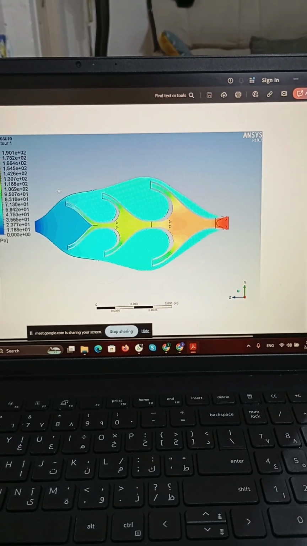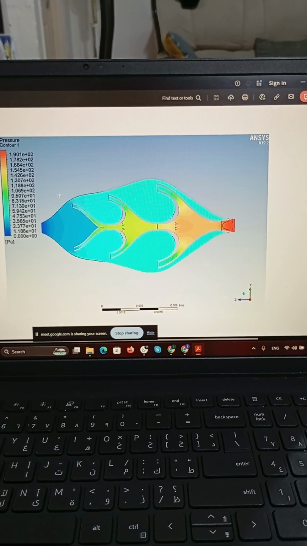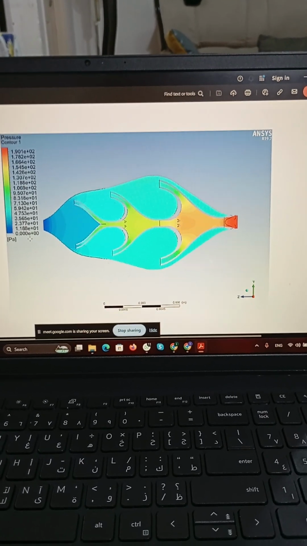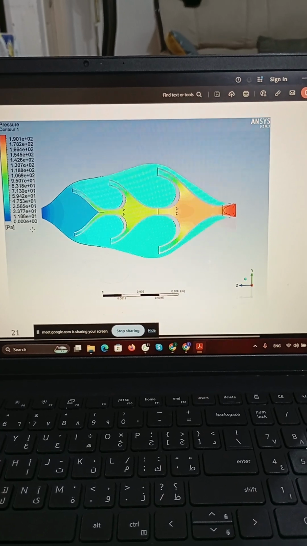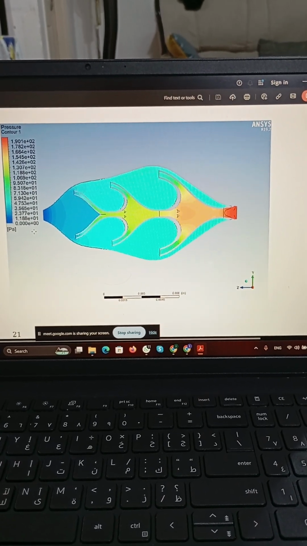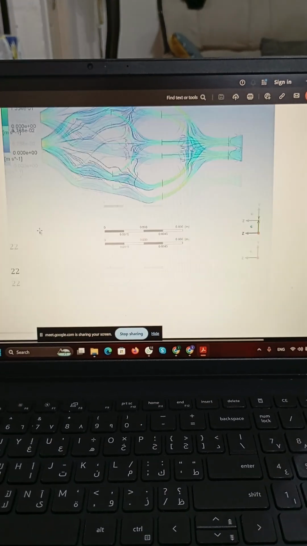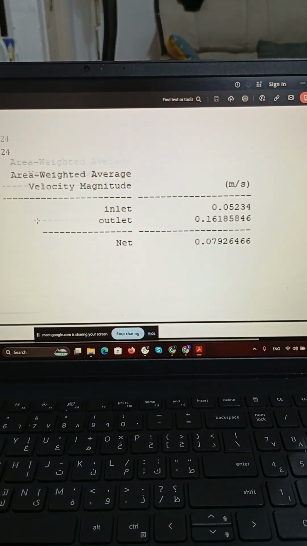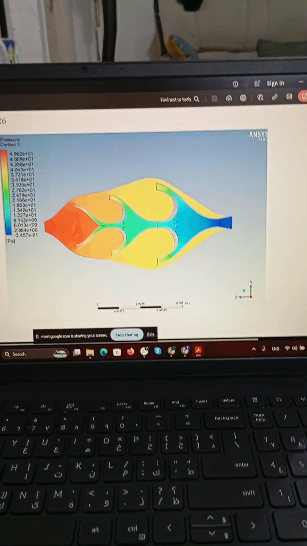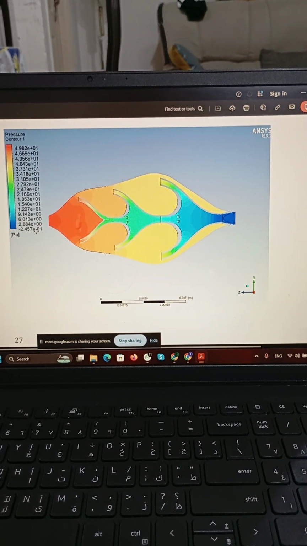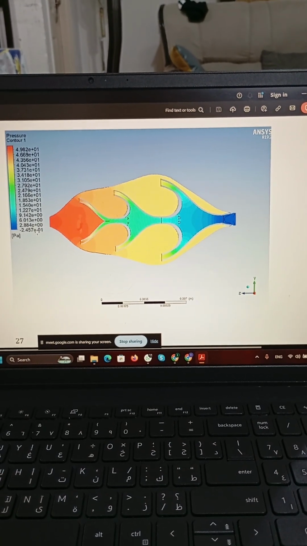You can check it, doctor? Let me check. It is 190 in the main direction. And in the reverse flow, I check it. This is the reverse flow, doctor. It is 49, about 50.